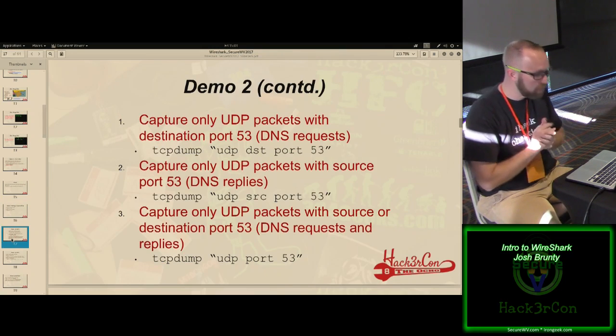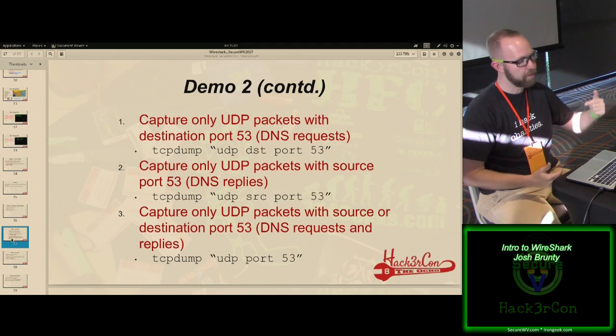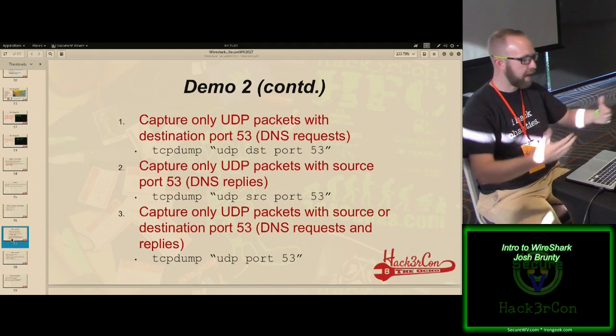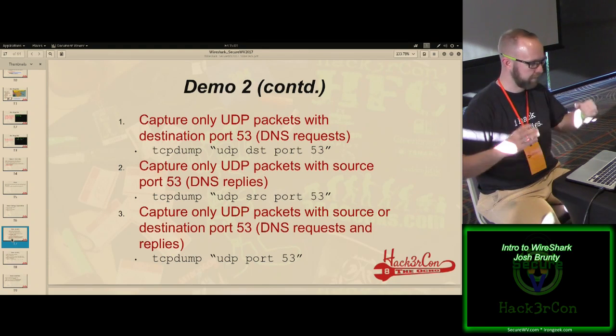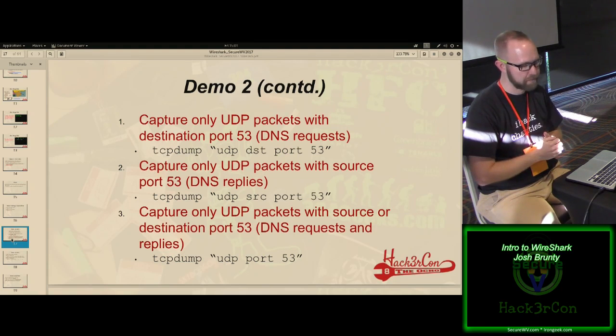For example, I could run tcpdump and only capture on UDP destination port 53. All I have to do is put that in quotes, and it tells tcpdump to only capture the data coming from that particular port.